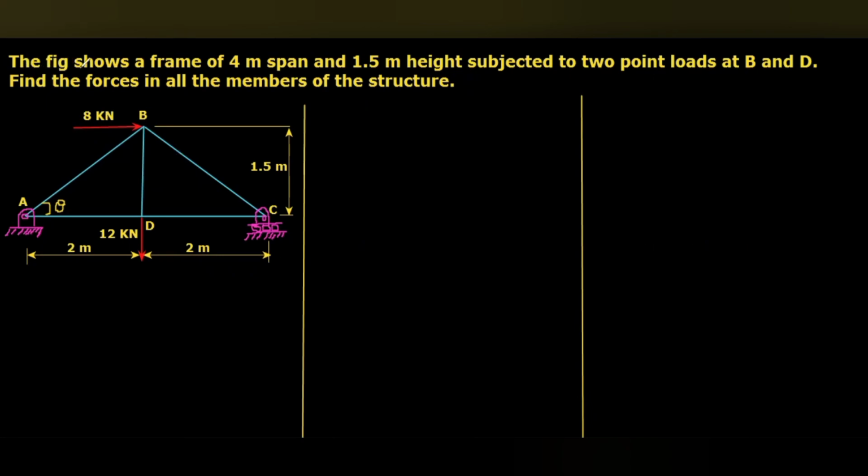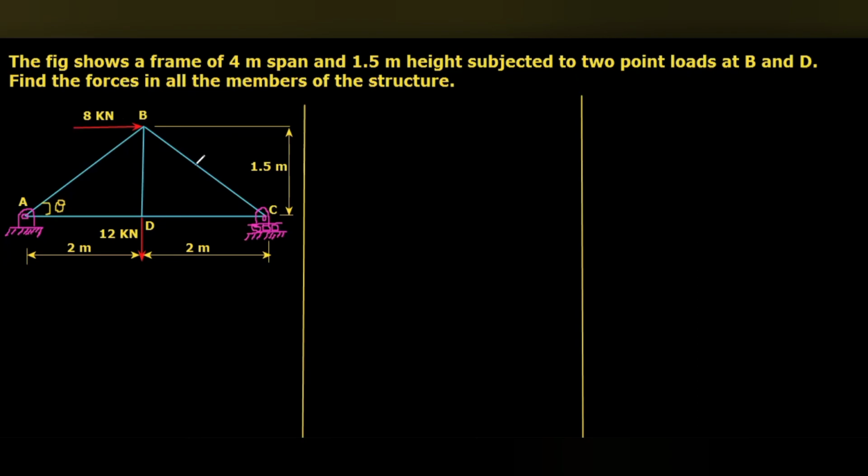The figure shows a frame of 4-meter span and 1.5-meter height subjected to 2-point loads at B and D. Find the forces in all the members of the structure.